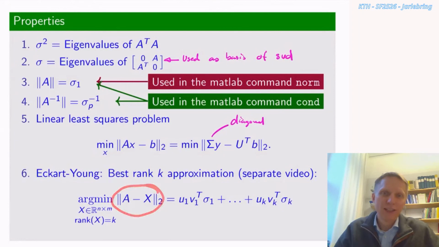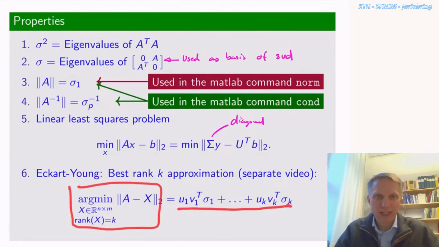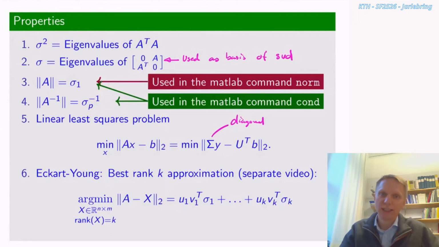On the left hand side here you have an optimization problem where you have a given matrix A, and you're trying to find another matrix X which has a given rank, rank k. So this tries to find the closest matrix which has rank k. So you are given a matrix A, and this optimization problem involves trying to find a nearby matrix which has rank k.